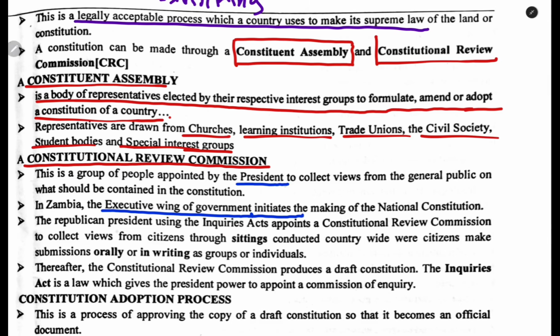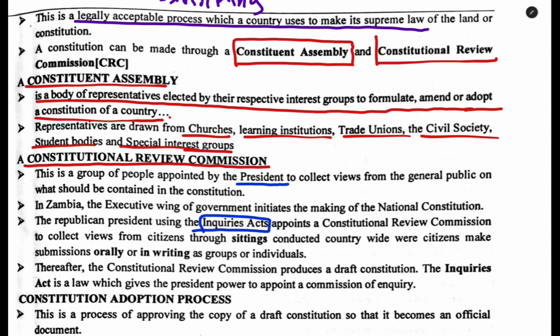So the power that the president uses is called the Inquiry Act. I've seen such a question: what power does the president use to appoint the Constitution Review Commission? It is called the Inquiry Act.